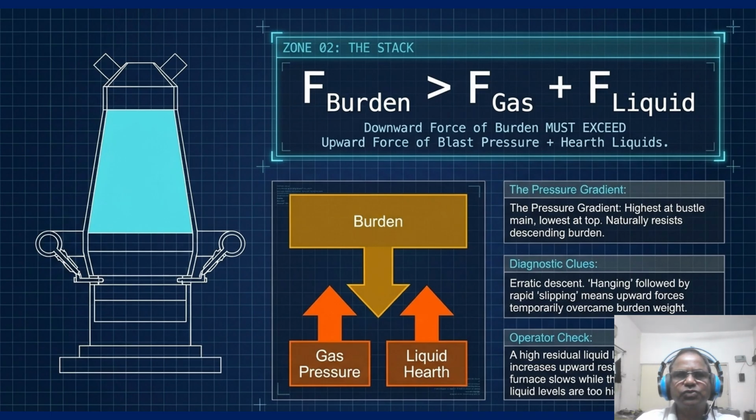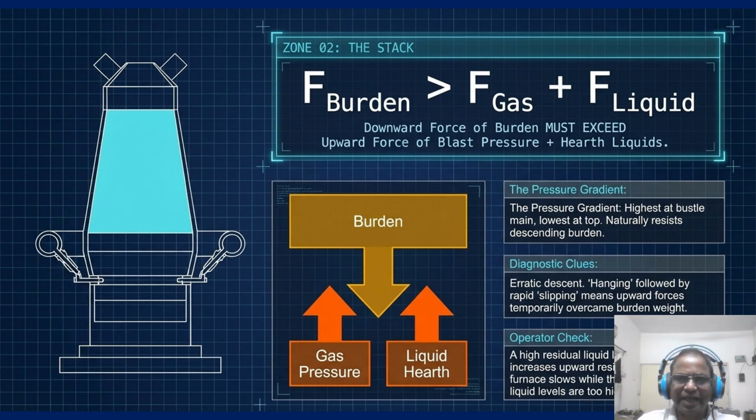When those forces finally give way, the burden drops rapidly, but there is a huge cost to this dropping, in terms of red coke rushing out from the uptake, causing damage. A lot of red coke even rushes to our dust catcher, creating a lot of refractory damage. So, as an operator, your diagnostic clue is simple.